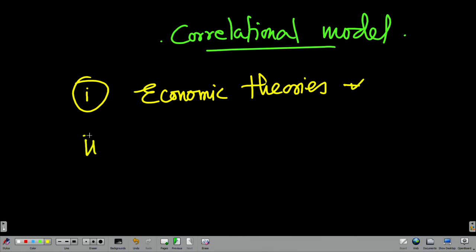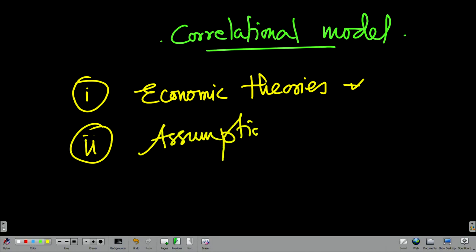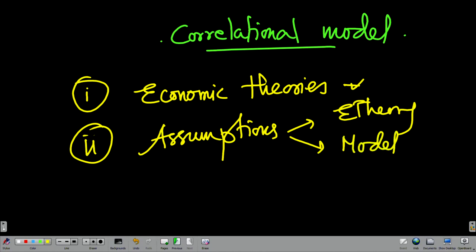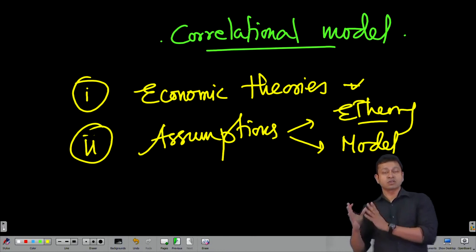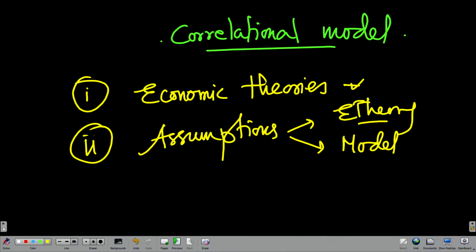The second is the assumptions that you make, both in economic theory as well as in your models. What do I mean by that? Let's say in economic theory you are talking about the impact of education on wage. You keep certain variables constant, and say given these variables are constant, you try to see the impact of one variable on the other. That is where you are making an assumption.